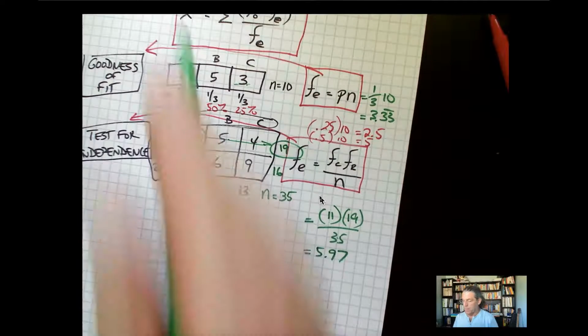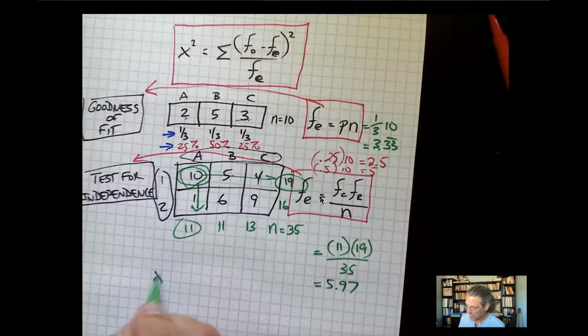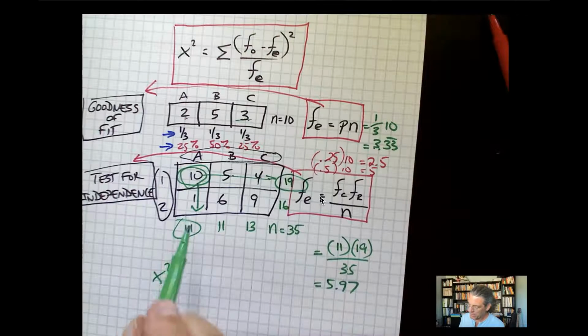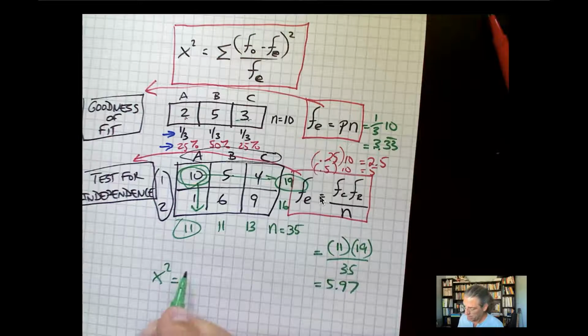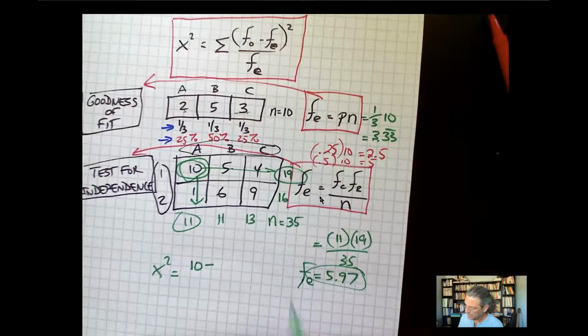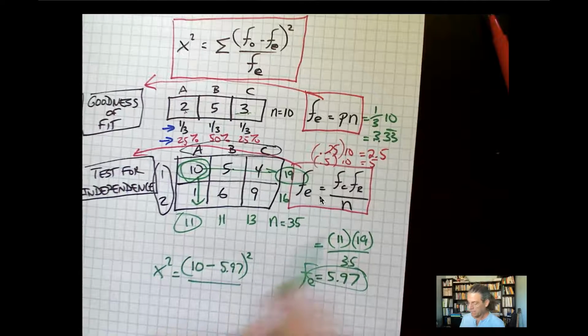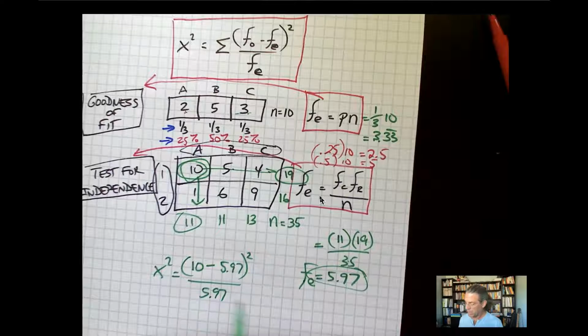Okay? So, going back to our formula up here, as I'm calculating my chi-square, for that cell, it is going to be the observed frequency, which is 10, minus my expected frequency. So that's the frequency expected for that cell of 5.97. I'm going to square that and divide by that 5.97 again. And that part is just for that one cell.